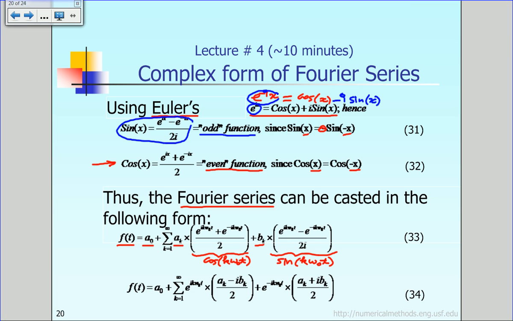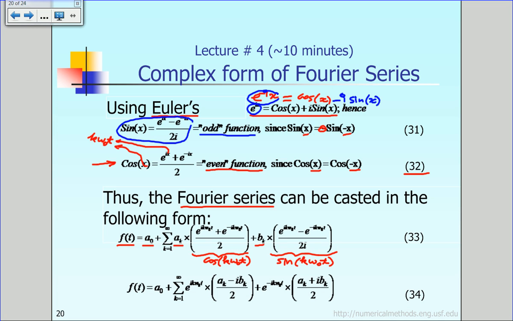But you can see from equation 32, we can replace cos of k omega naught t in terms of exponential. If you look at equation 32 one more time, and if you replace x by k omega naught t, then this term right here is exactly cos k omega naught t.